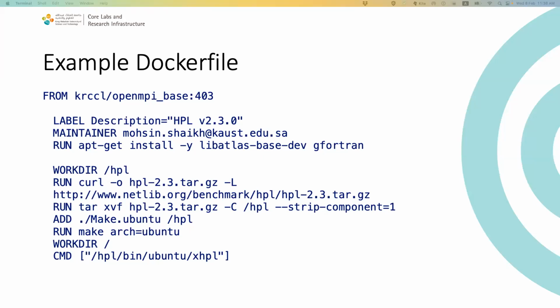I intend to put this xhpl in a place where it can execute, the container's own /HPL/bin path. And when I instantiate a container from this image, whichever comes out of it when it is built, this command will run by default. I don't need to do this. Okay.